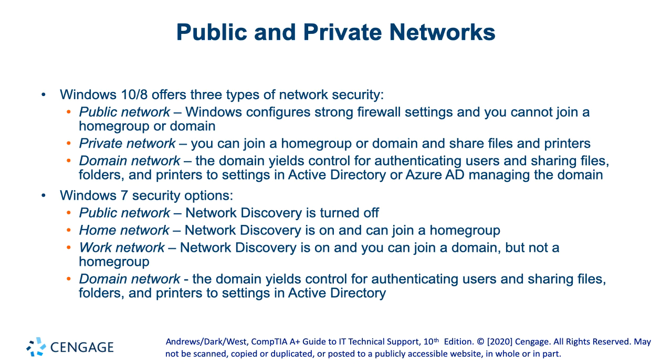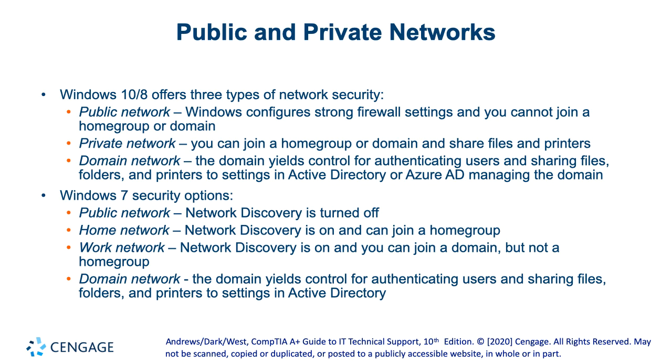Windows 10 offers three types of network security zones: public networks, which are very controlled. It has strong security controls, and you cannot join a work group, home group, or domain off a public network. Private networks relax security a bit, and you can join a work group, home group, or domain. It makes it easier to share files and printers because you're on a private network.